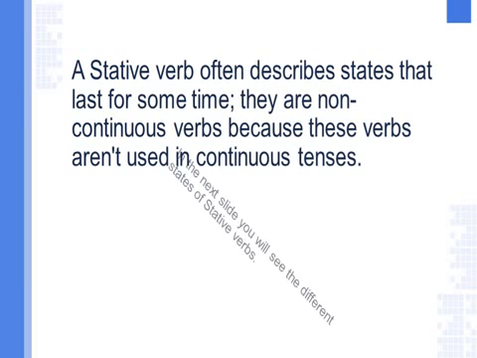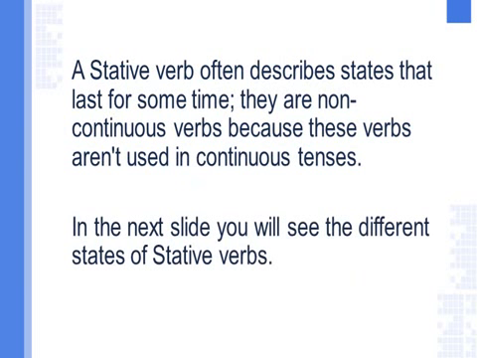This means stative verbs are not denoting continuity or an ongoing action. In other words, you cannot use stative verbs in the progressive form, like, for example, present perfect continuous, past continuous, among others. In the next slide, you will see the different states of stative verbs.